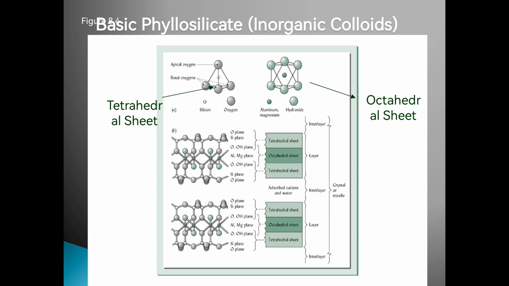So, we have there the tetrahedral sheet and the octahedral sheet. Alam nyo na, tetrahedral sheet is 1 silicon surrounded by 4 oxygen. In the octahedral sheet, we have there 6. It can be aluminum or magnesium, or aluminum and magnesium surrounded by hydroxide or oxygen.